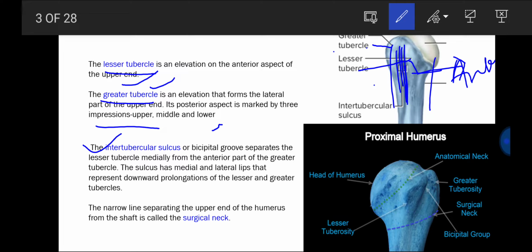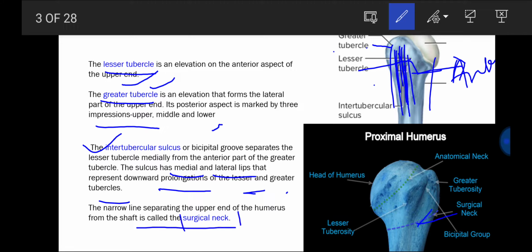The sulcus has medial and lateral lips that represent downward prolongation of the lesser and greater tubercles.